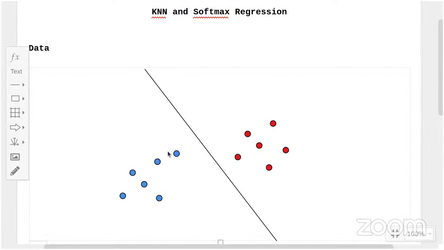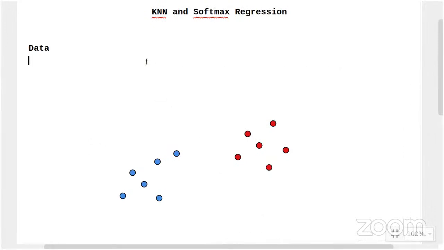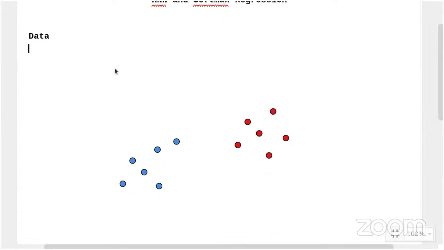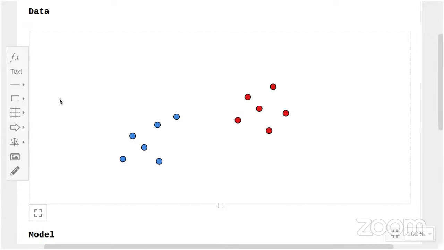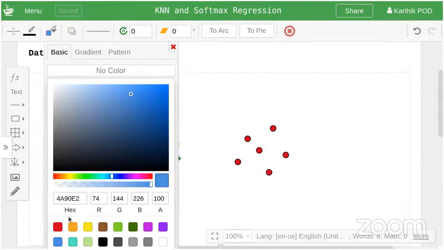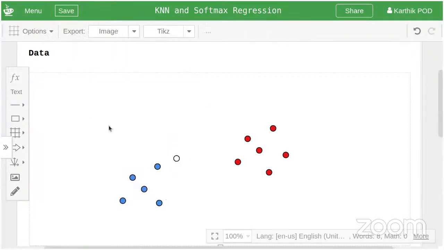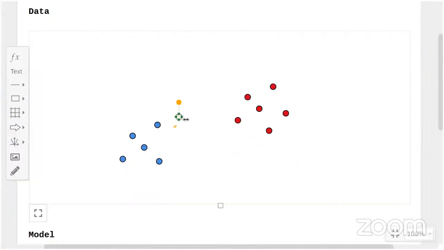Okay, so KNN, there is nothing great about it. It's one of the early, very common algorithms. So K nearest neighbors: when you're given a test point, let's say this is the test point, I just make it uncolored. Given a test point, you look at the k nearest neighbors to it, and if it's a classification algorithm, you do some kind of voting.